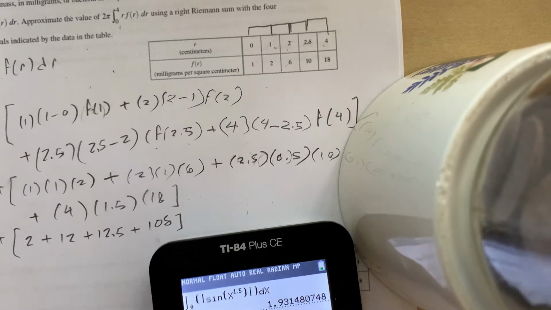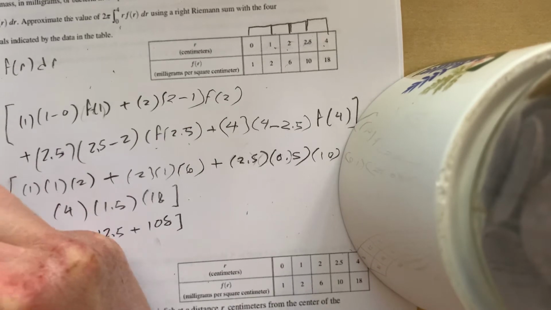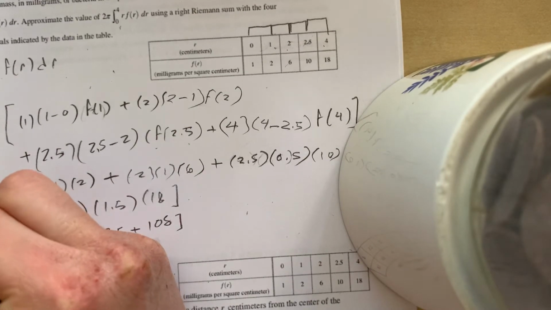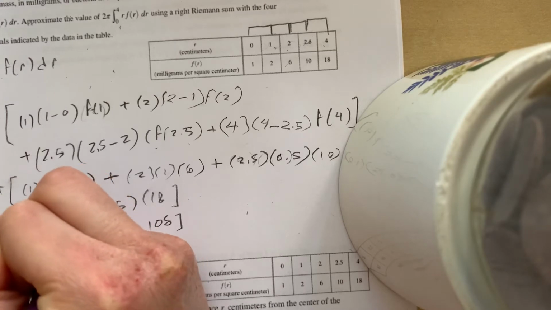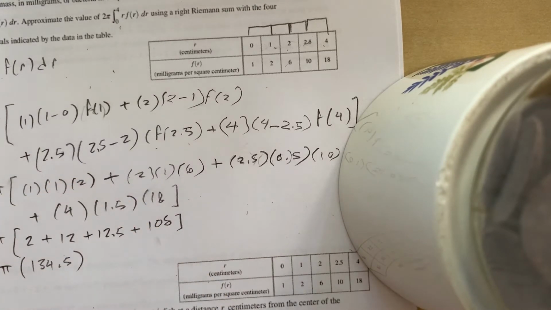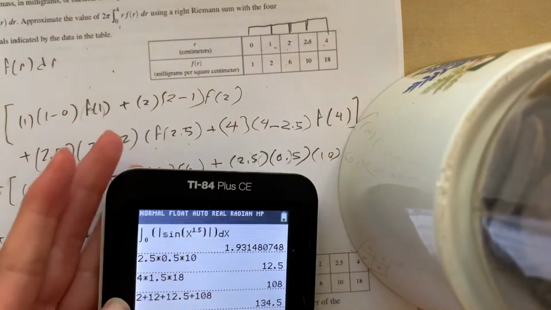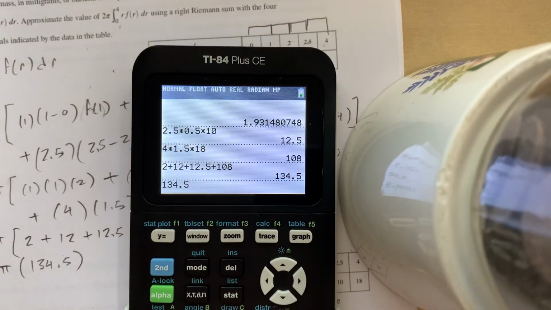Therefore, it would be equal to 2 pi times 134.5. We take this value, 134.5, and multiply it by 2 pi, because that's what's at the beginning of the integral.